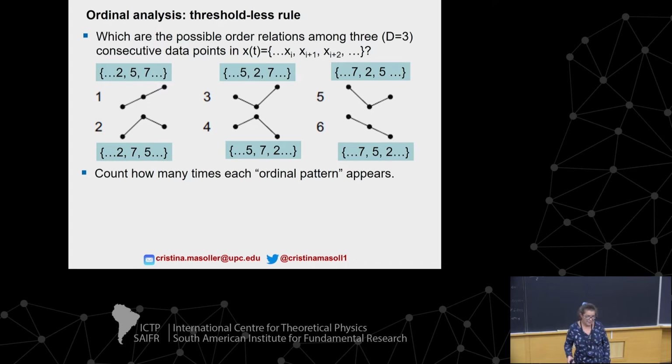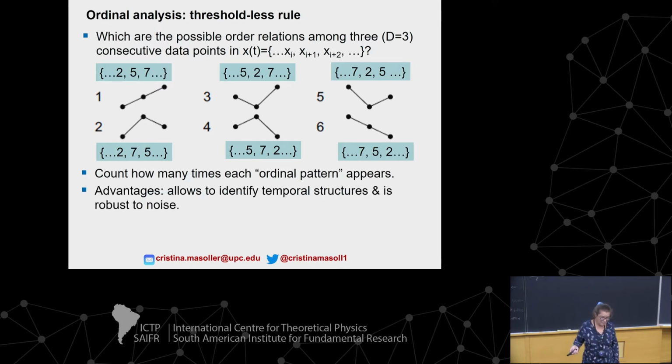So basically, the idea of this method, again, is to count the probabilities, to see how many times these patterns appear in your data. And this allows you to take into account the order in which the data appears. And it's also very robust to noise, more than the threshold one, because you don't really take into account whether this is a 7, or it could be 100, or whatever.